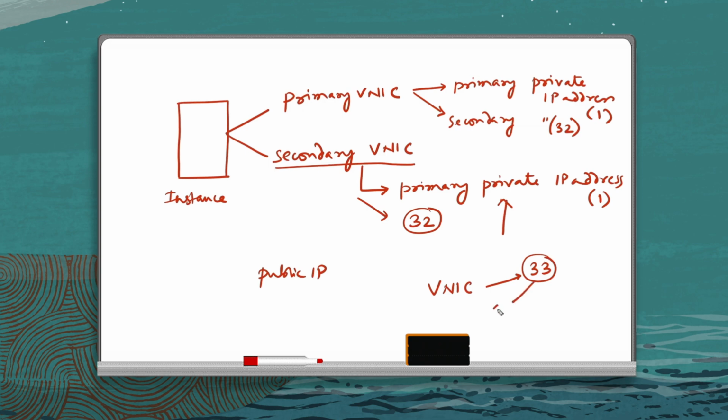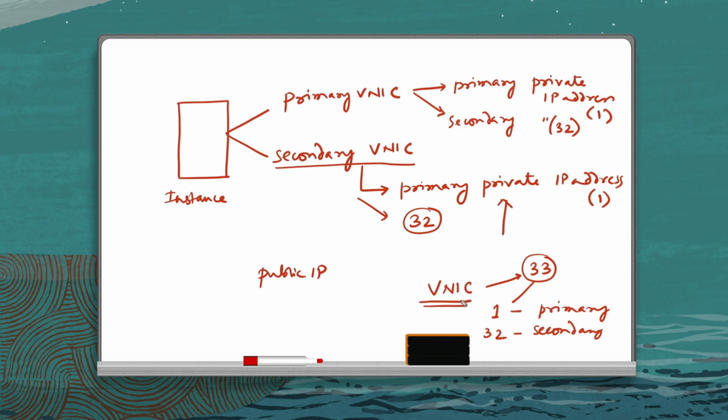Out of 33, one is primary and 32 is secondary. So total of 33 private IPv4 addresses in one VNIC.